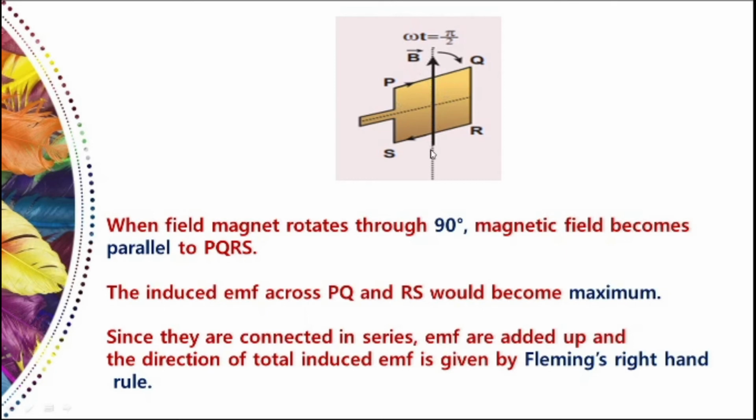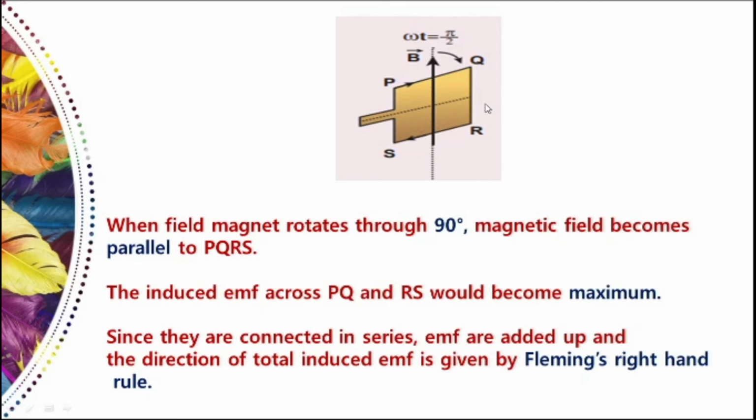Am I correct? The induced EMF across PQRS would be maximum in this case because omega t is pi by 2. When we substitute that in epsilon is equal to epsilon naught sin omega t, instead of omega t it is sin 90, and so it is maximum.